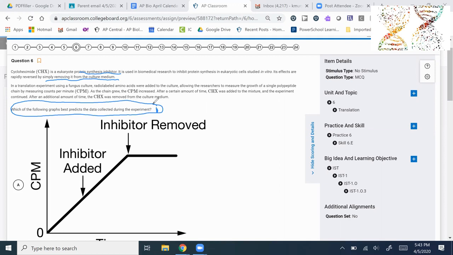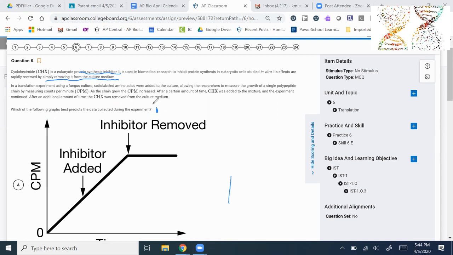Again, amino acids are added, they're growing polypeptides. Then they added the CHX. Then they removed it. So let's take a look at these graphs.